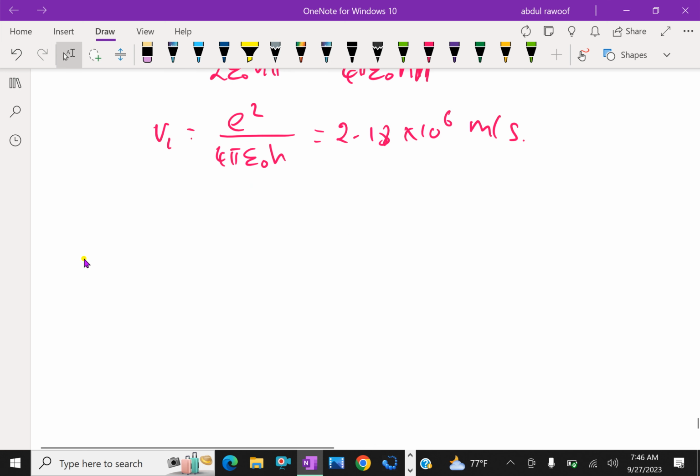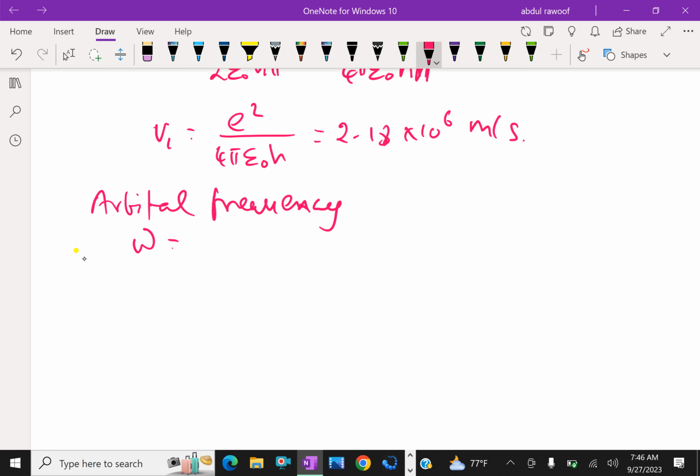Next, orbital frequency. Orbital frequency, that is omega over 2 pi, equals v by r.